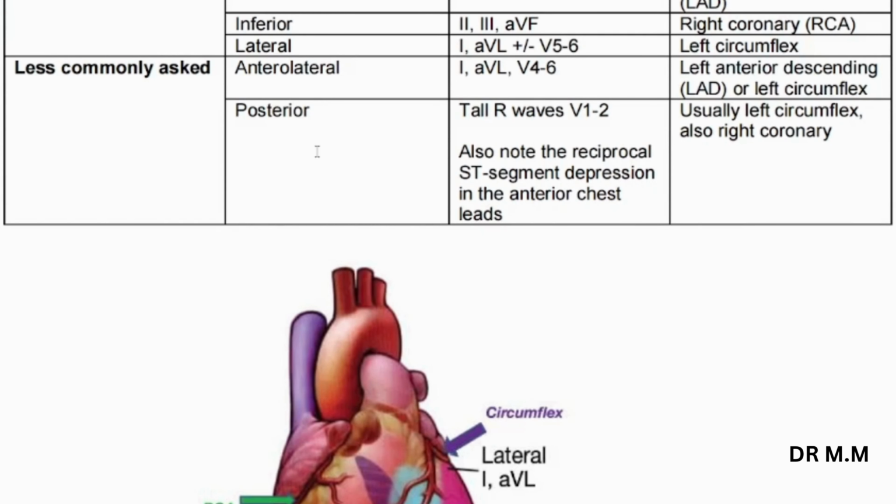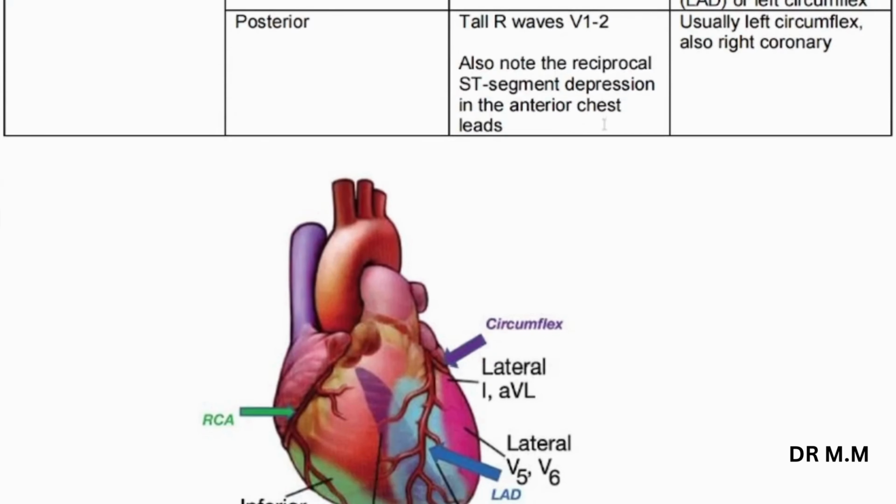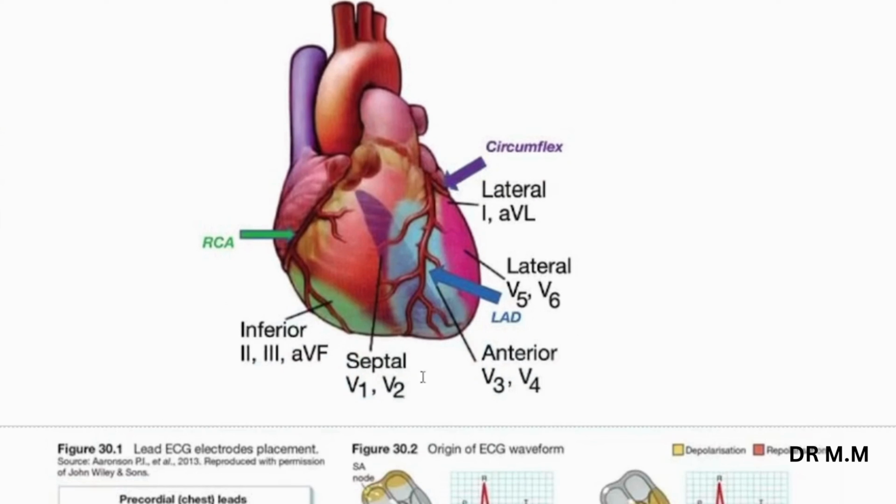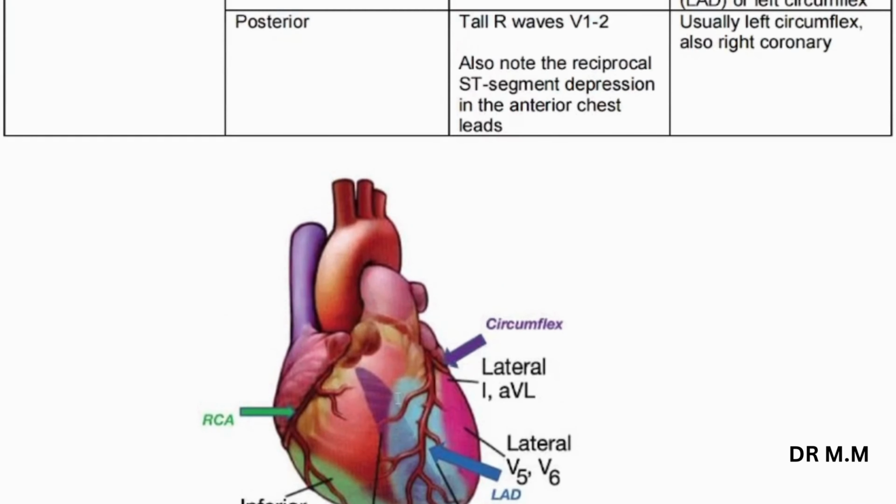In posterior MI, we can see tall R waves in leads V1, V2. They are showing the posterior aspect. We can see the posterior aspect of the ECG by looking at V1 and V2, and we can evaluate it.